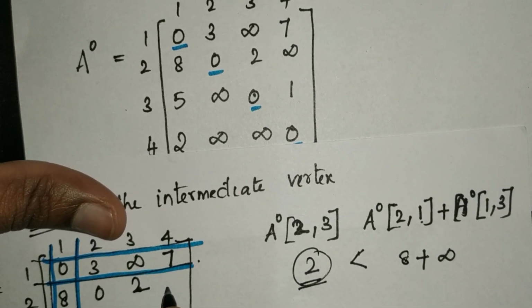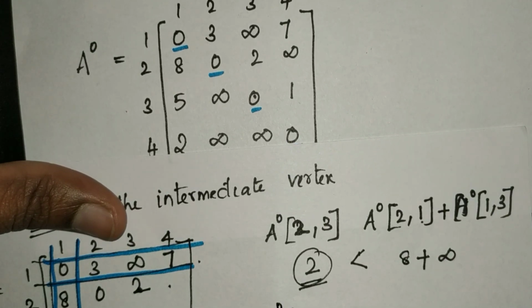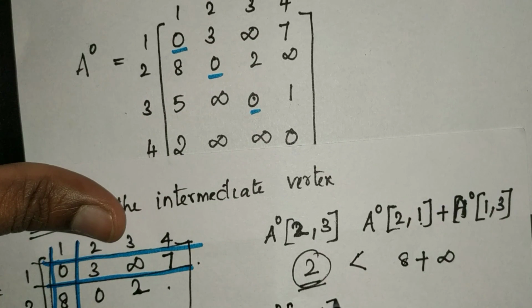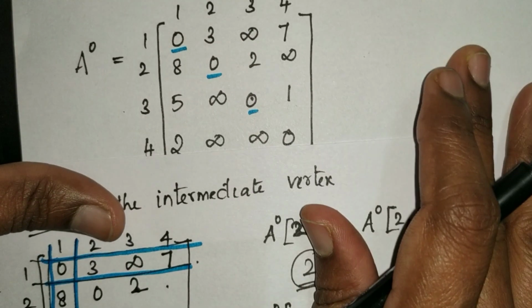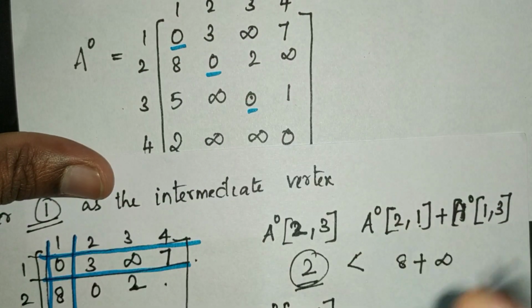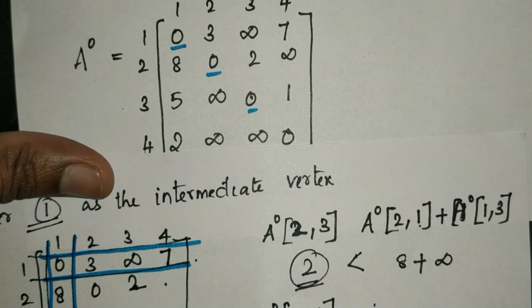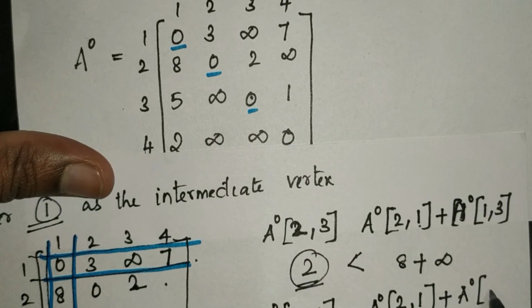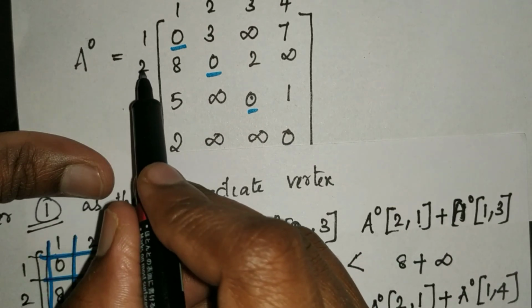Now the next value is 2, 4. For finding A1 of 2, 4, we take the values from the previous matrix. This 2, 4 can also pass through vertex 1: A0 of 2, 1 plus A0 of 1, 4. So what is 2, 4?